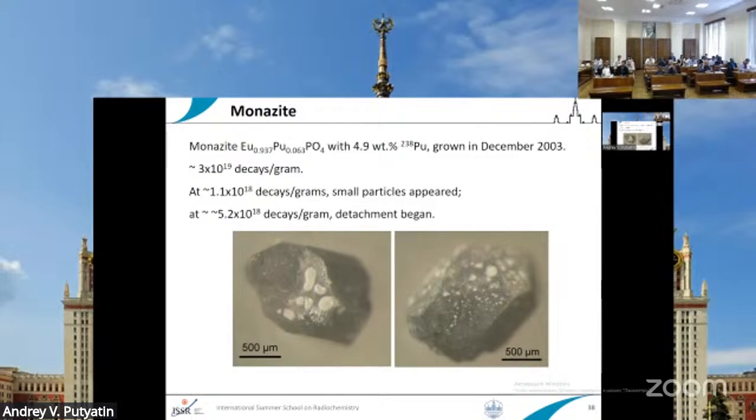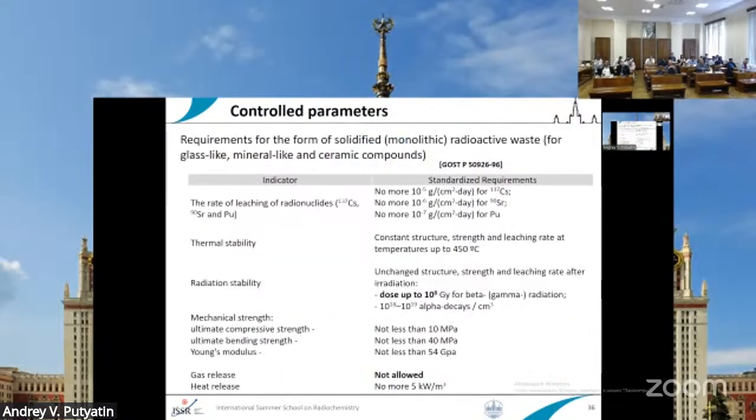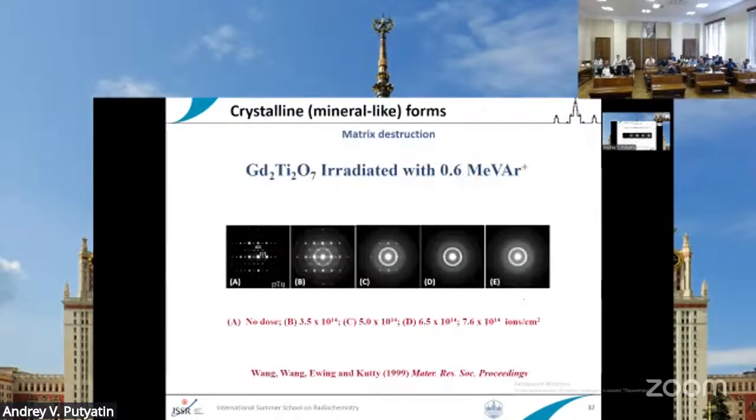It was synthesized quite a long time ago, and was investigated about 5 years ago, approximately. At that time, the accumulated dose was already enough. So here I will go back. The radiation stability must be tested up to 10 to 19 alpha decays per cubic centimeter.